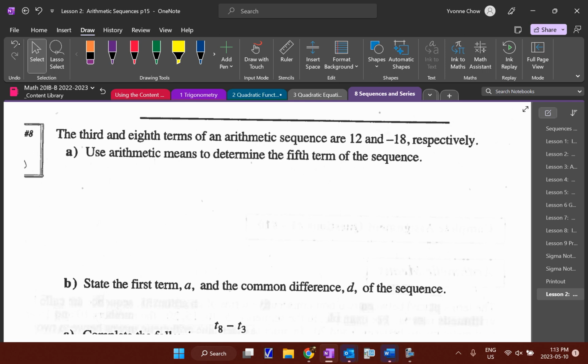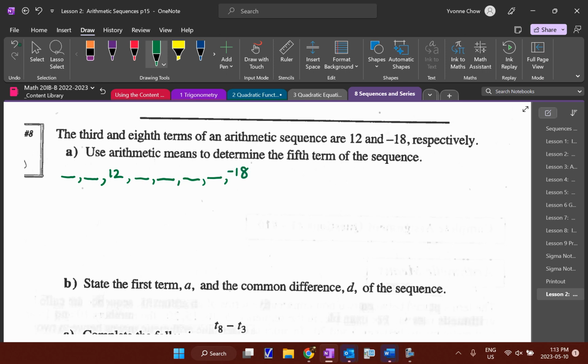So we're going to use arithmetic means. What I would actually do is say, map this out. For a lot of people, it works out well to think about it as fill in the blanks. So the third term is 12. That means I don't know my first two terms, and then that's term 3, 4, 5, 6, 7, and then the 8th term is negative 18.